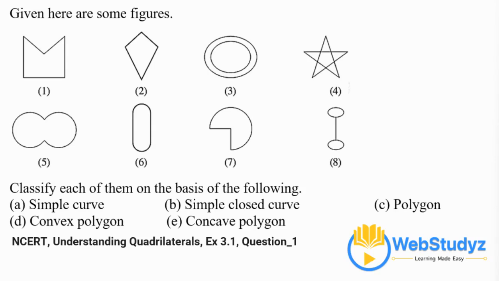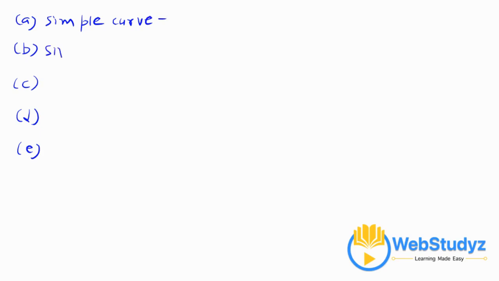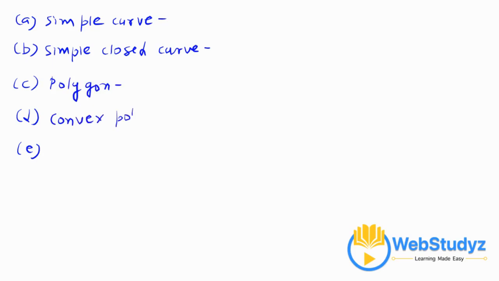So we can say that if we write all the names A, B, C, D and E, which are A is simple curve and B is simple closed curve and C is polygon and D is convex polygon and E is concave polygon.